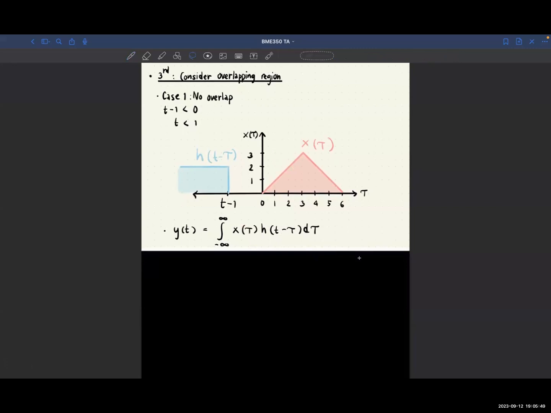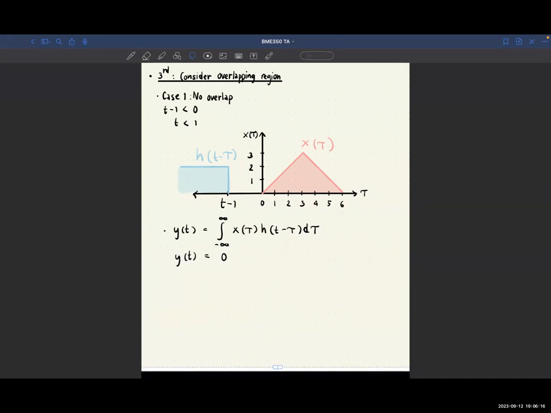Therefore, can you guess what the convolution is going to be? You can write it down in the annotation, or you can just speak it out loud to me. Thank you, Jade. It's going to be 0. You rock it. Thank you so much. So in this scenario where there's no overlap, the convolution of the two signals here is going to be 0.